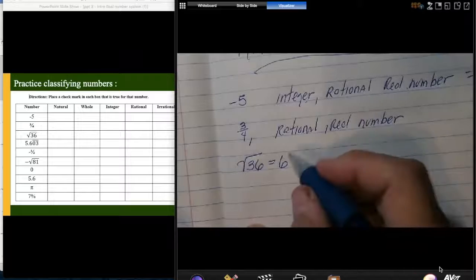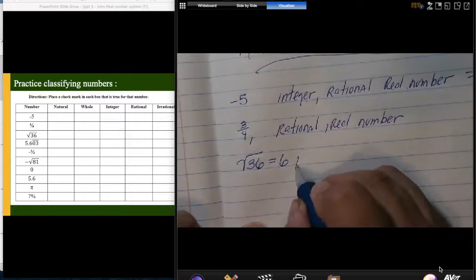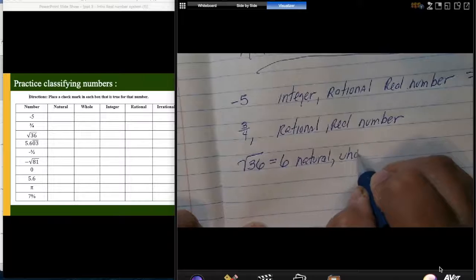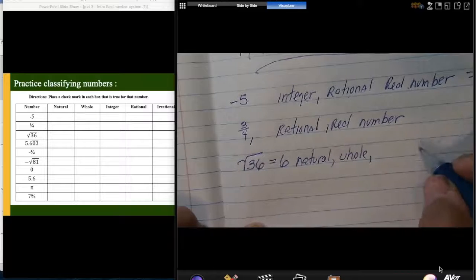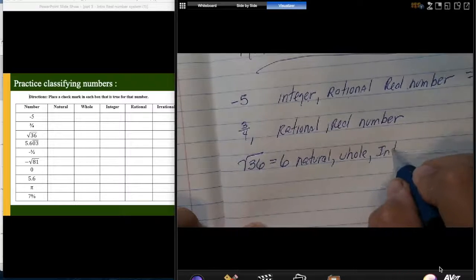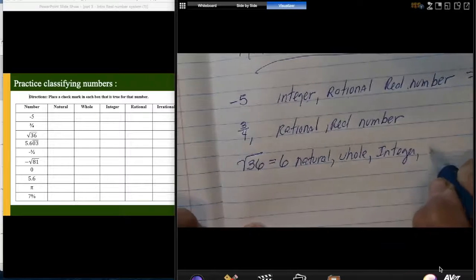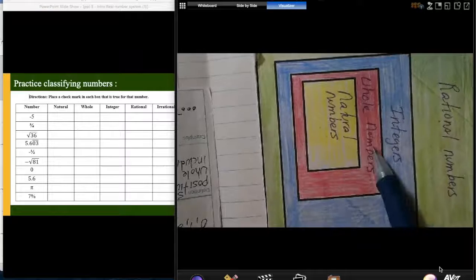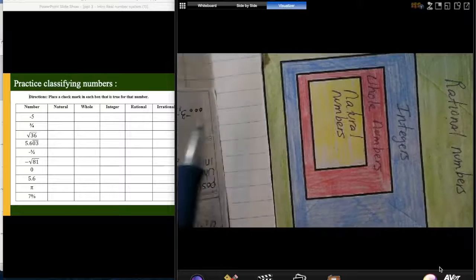So the square root of 36, which is 6, is a natural number. It is also a whole number. It is also an integer. It is rational, real number. So that was 1, 2, 3, 4, 5. Let's double check our categories. 1, 2, 3, 4, 5. Okay.